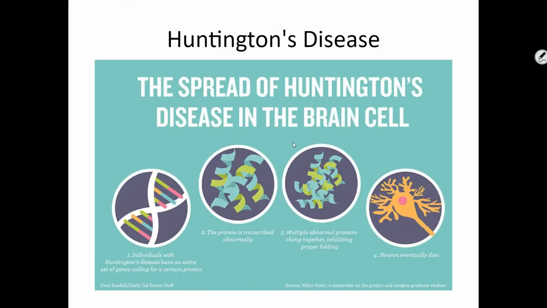Same thing with Huntington's disease. Huntington's disease is around 1 in 10,000 as well. One thing that's difficult about Huntington's disease is it is a neurodegenerative disorder, meaning your nervous system degenerates slowly, but it doesn't start showing up until later in life, usually after those individuals have had children.